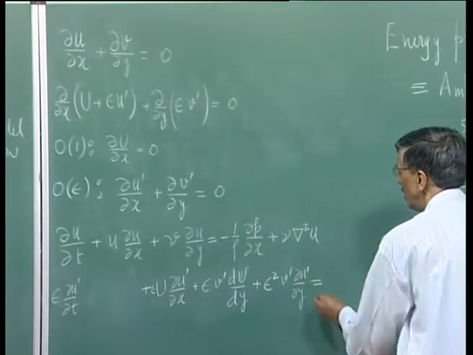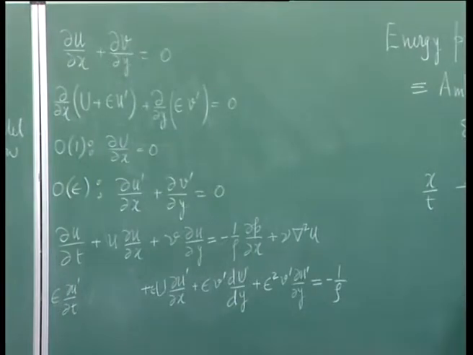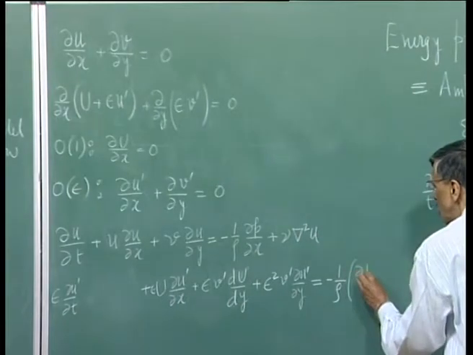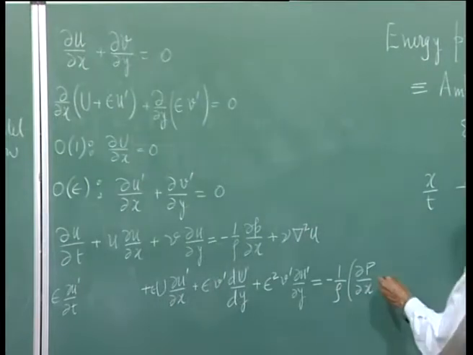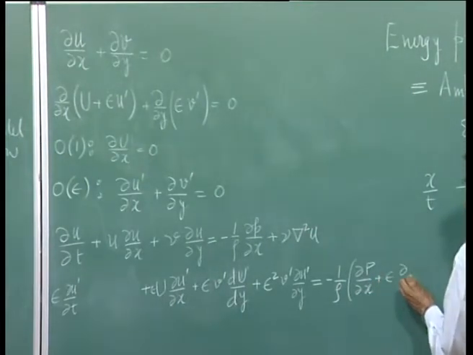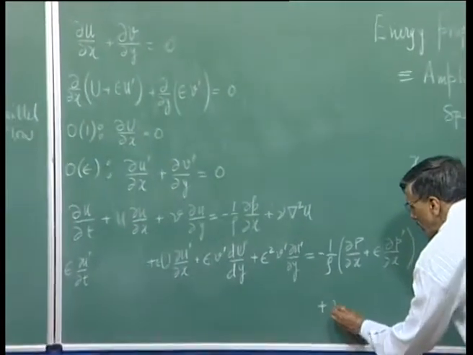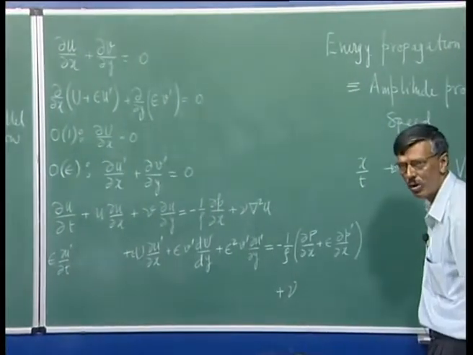On the right hand side, density remains invariant, so we have no problem. What about the pressure? I have a pressure term which I may write del P del x plus epsilon del p prime del x. What about terms coming from the viscous term? Nu, the x derivative, what will I get?